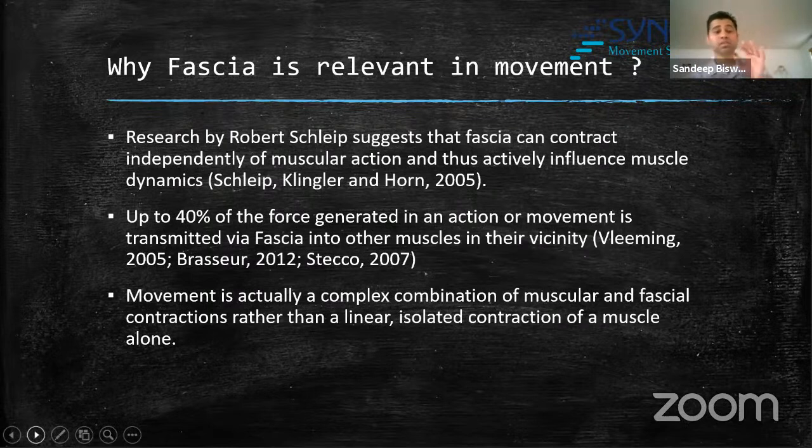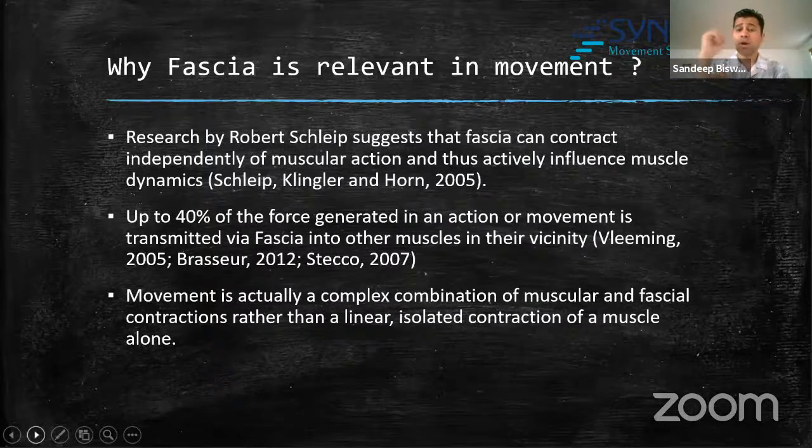And also what is important to understand is that when you do a muscle contraction, actually 40% of the muscle force is lost to the vicinity. So suppose you're contracting a biceps, 40% of force is lost to your triceps, your brachial fascia, your deltoid, and all other tissues surrounding your biceps. You never send the whole force through the muscle. Why is that important?